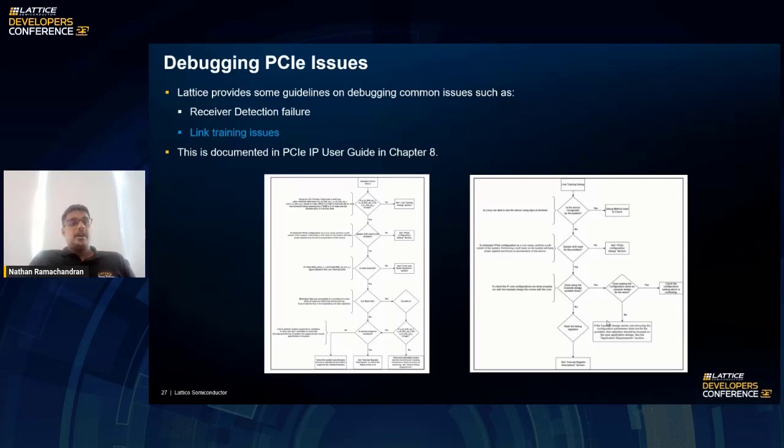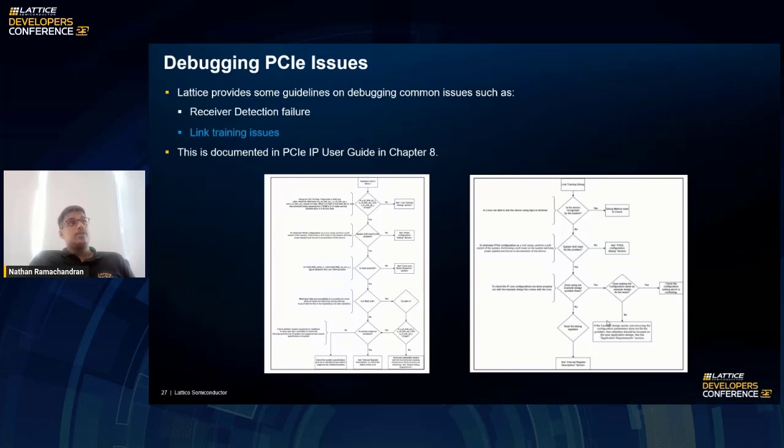And then we have also provided some details on what are the link training issues that you could be seeing and what are the steps that you need to take to resolve it. For example, if you see a link training issue whereby you see your LTSSM toggling between recovery to L0 to recovery constantly, then what do you need to do?